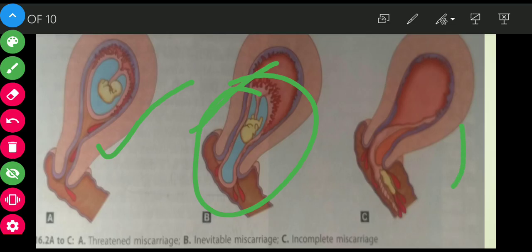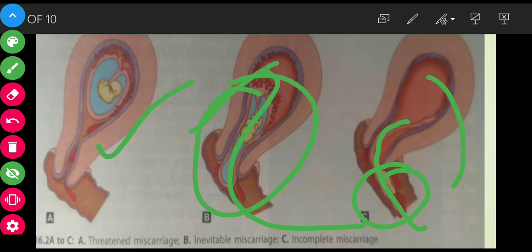Next, it is incomplete. In incomplete, the conceptual material came out, but there are tissues inside. The entire products of conception are not expelled; instead a part of it is left inside.